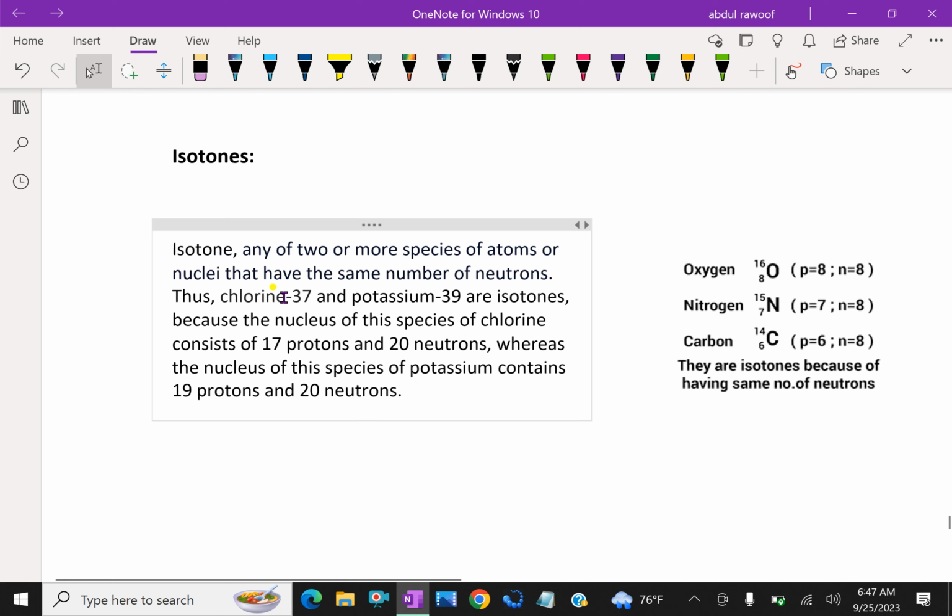Look at oxygen also: oxygen is 8O16, and nitrogen is 7N15. Neutron number is the same everywhere. Oxygen, nitrogen and carbon have the same neutrons. It's called isotones.